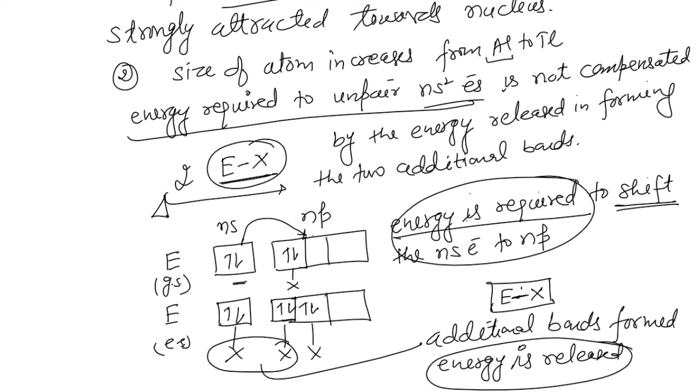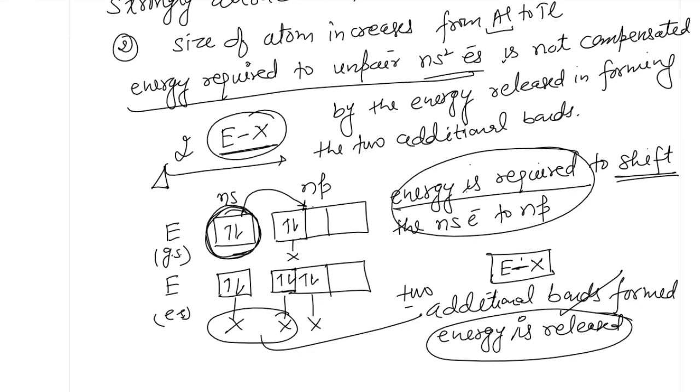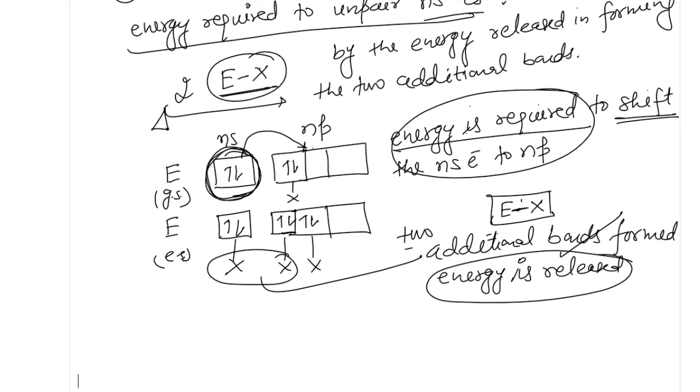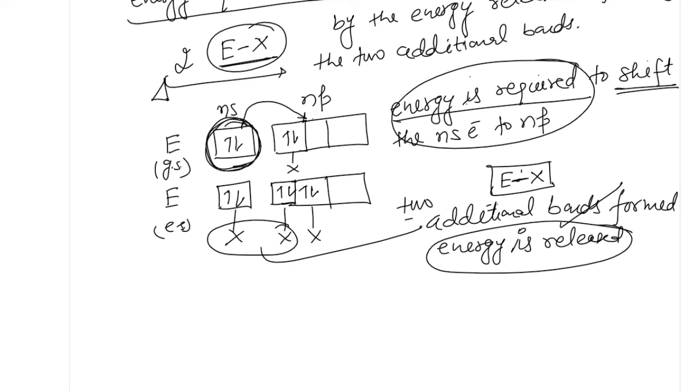When excitation takes place, the compound becomes unstable because it becomes more energetic: the energy absorbed is more and the energy released is less, so overall its energy content increases. This is the reason for the inertness of the s electron pair, and this is the real cause of the inert pair effect.